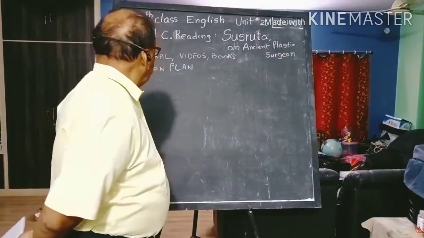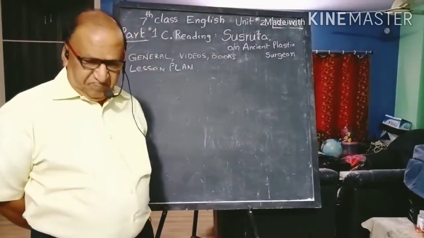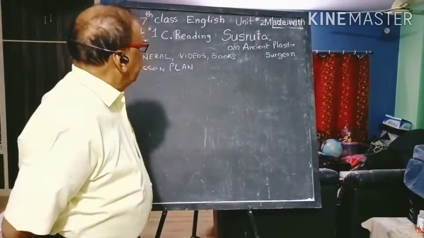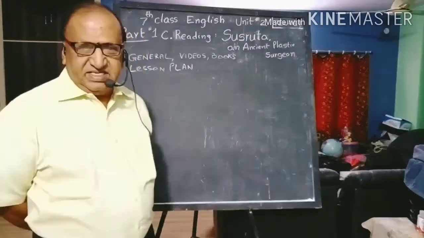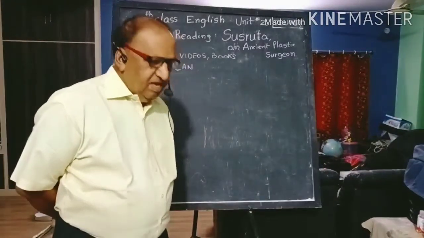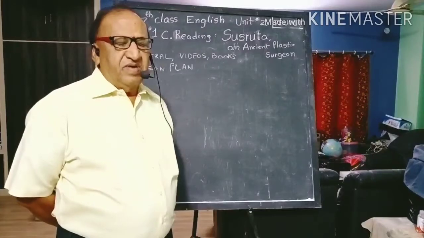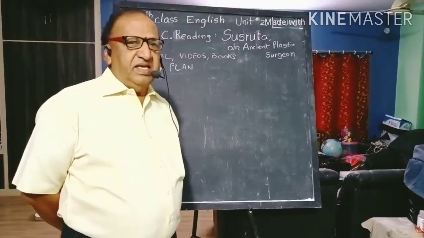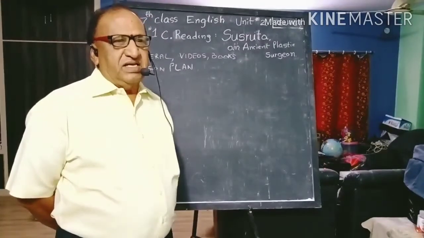Okay? Now, this lesson is about Susruta. It is a very ancient subject. You can see here Susruta, an ancient plastic surgery. Plastic surgery nowadays is there, but it's very, very expensive.